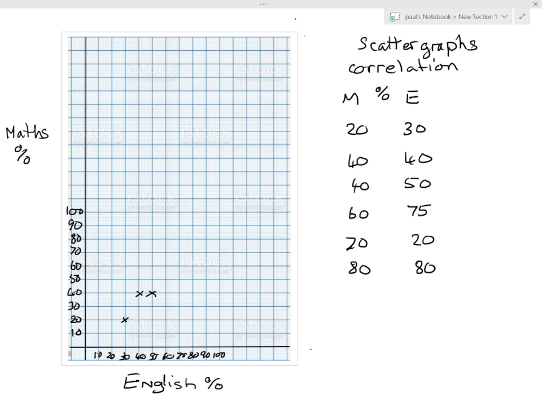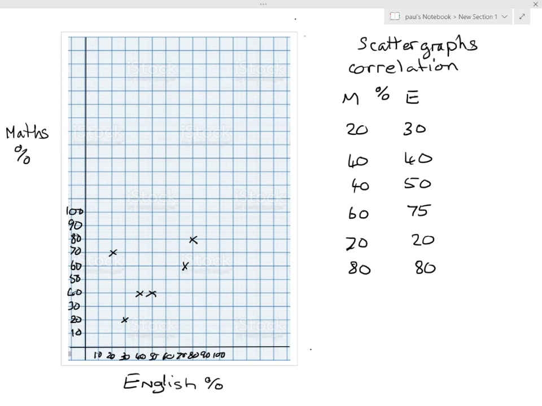And what we got now? 60, 75, halfway across that one. 70 and 20 there. And 80 and 80. Okay, 80 and 80. Right, there you go. So there's all our little scattered coordinates, hence scatter graph.